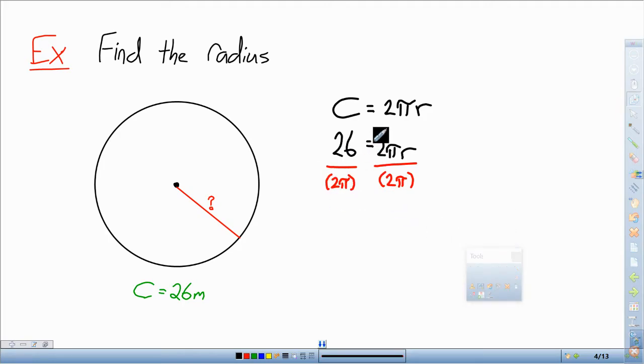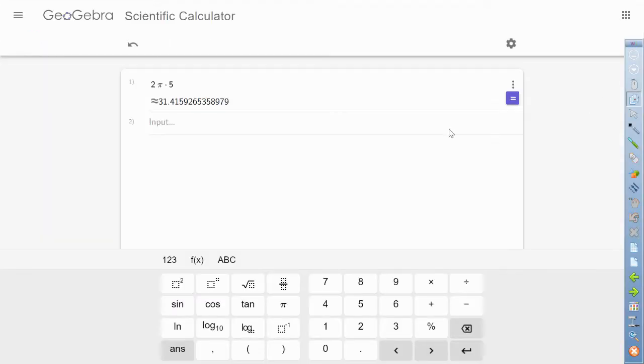All right, so over on the right, those are gone. We have r by itself. Over on the left, this is what we need to type in our calculator, 26 divided by 2 pi, but we need to put it in parentheses in our calculator if we want to do it at the same time. All right, so let's try it out. I'm going to clear this out real quick. So 26 divided by, and then parentheses, 2 pi.